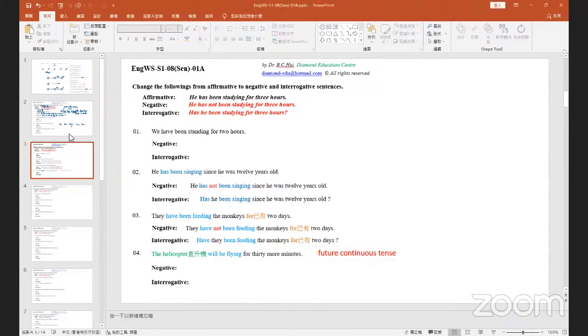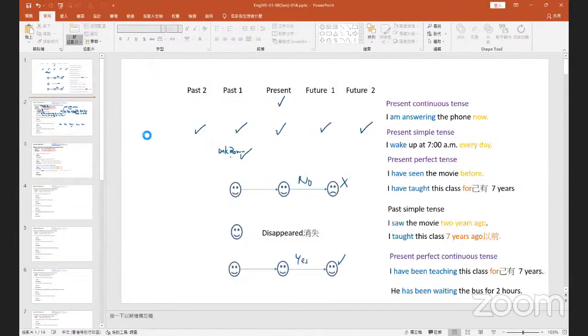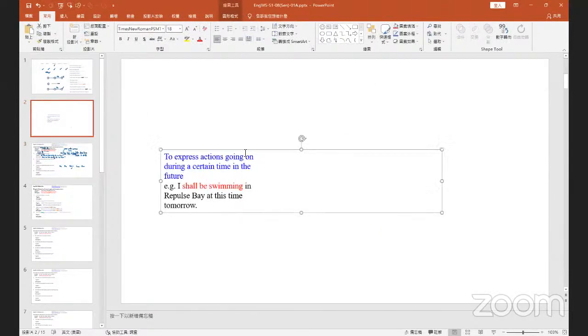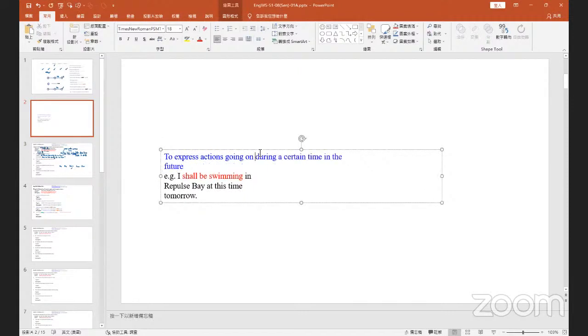Future continuous tense is used to express an action going on during a certain time in the future.